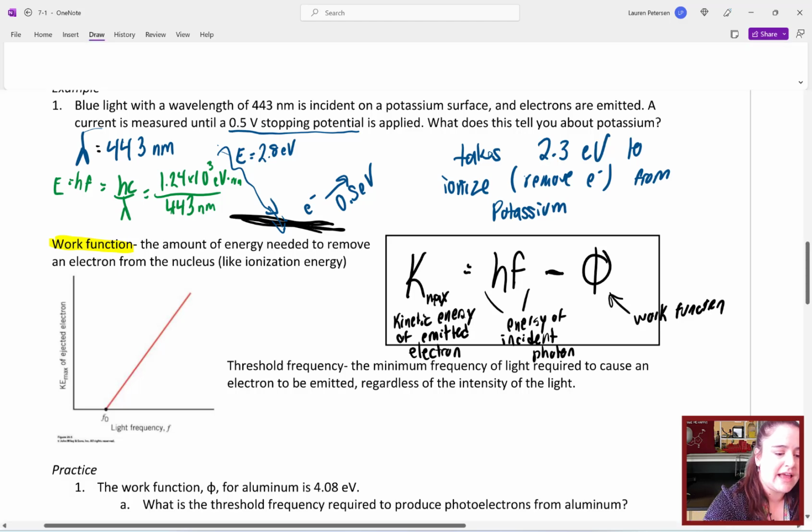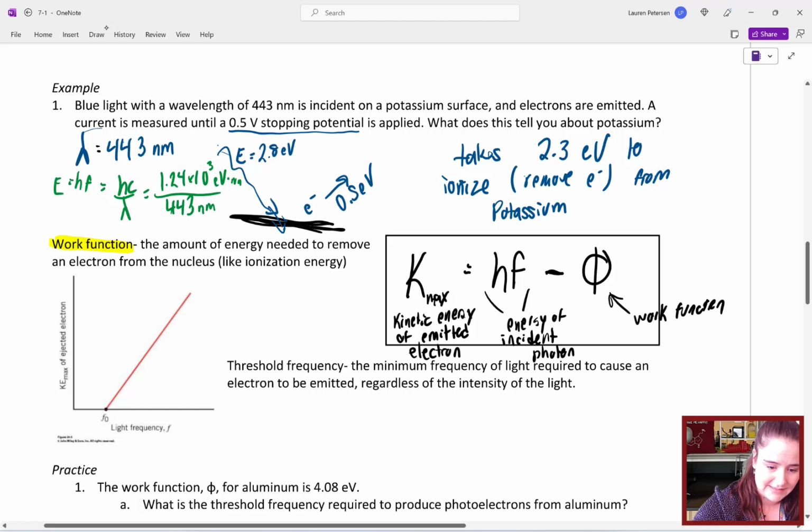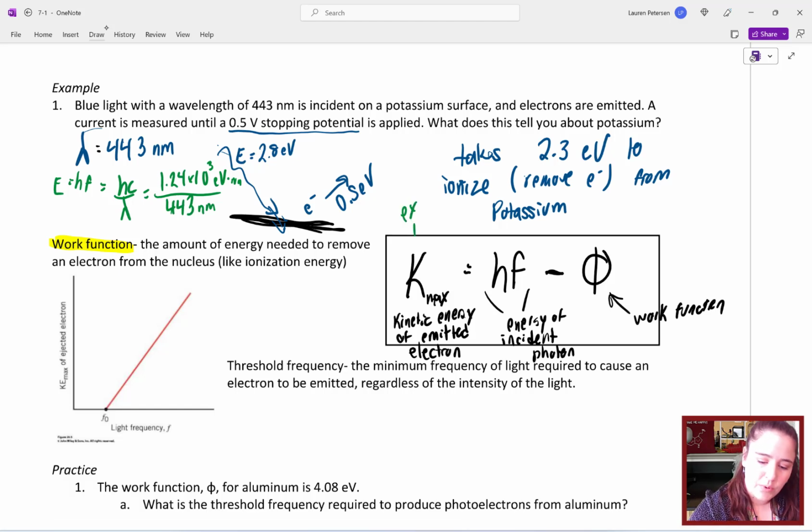So in the context of our potassium example, the 0.5 was that max energy of the emitted electrons. The incoming light had that 2.8 electron volts, and the work function was 2.3. So that's how that works out. Basically, it's just a conservation of energy problem.